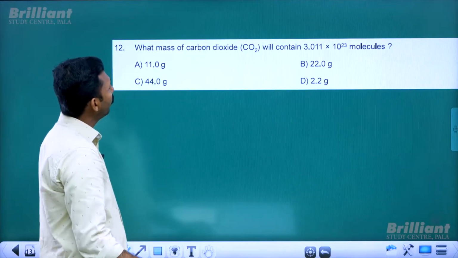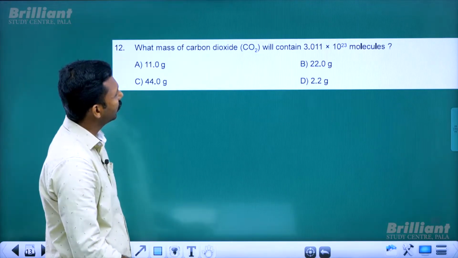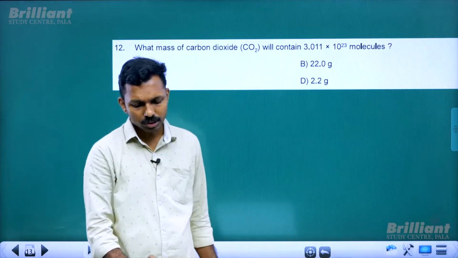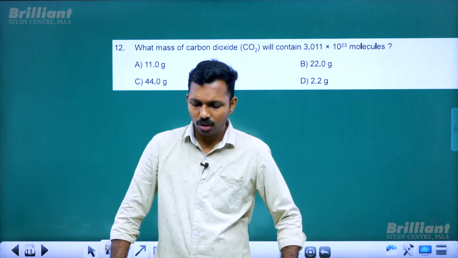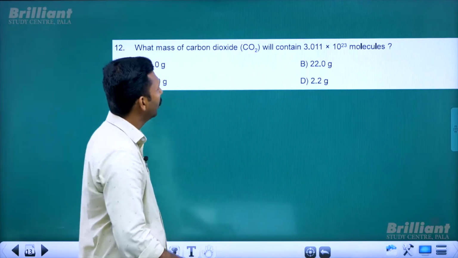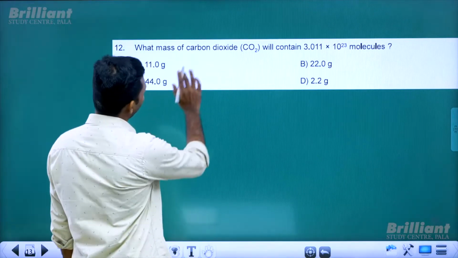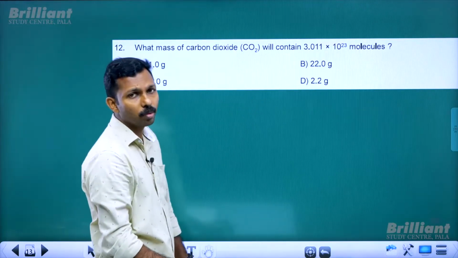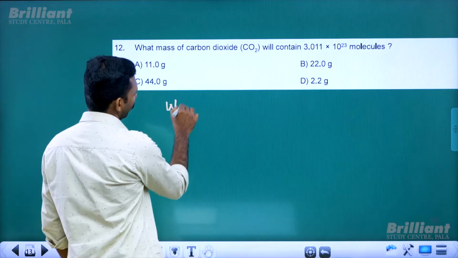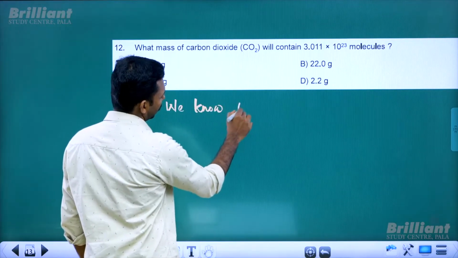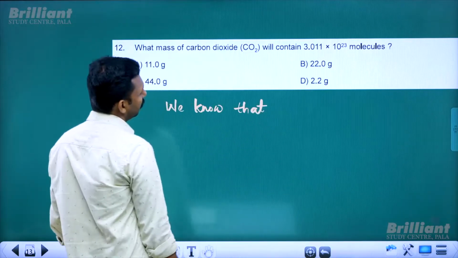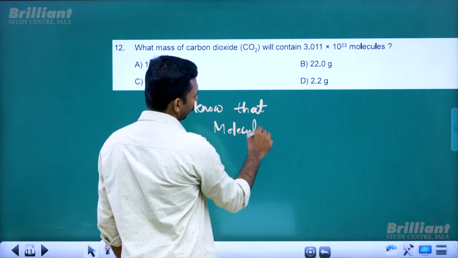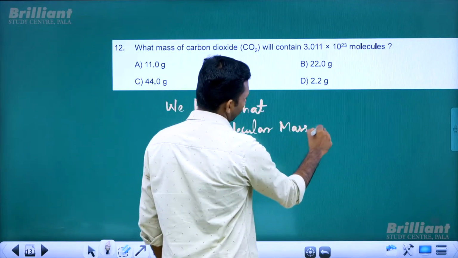Next is, what mass of carbon dioxide will contain 3.011 into 10 raised to 23 molecules? We know the molecular mass of CO2.